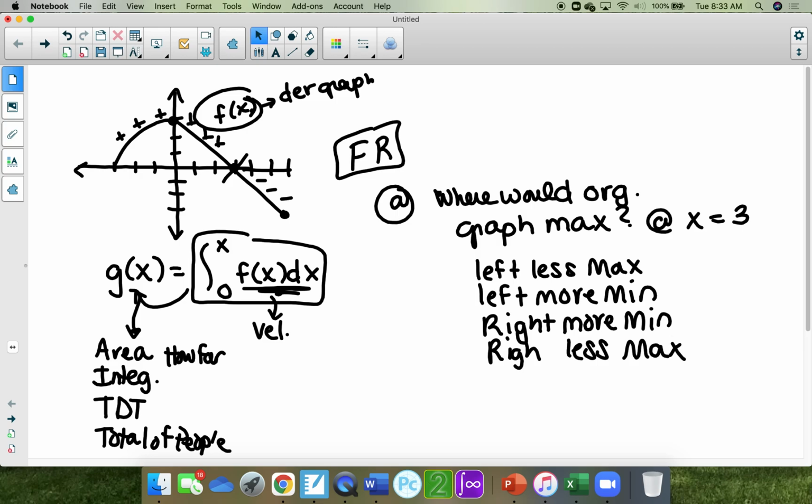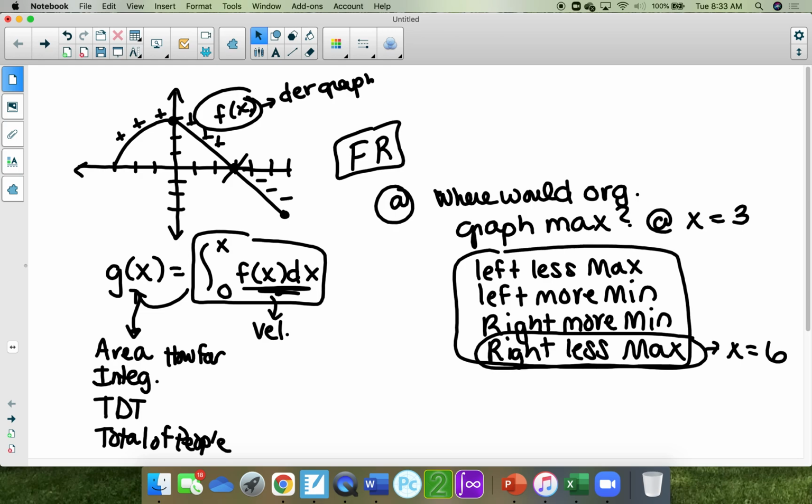So we also have a max at 6. Because the right is less, you would have a max also at x equals 6. You have to check the interior points and the end points of a derivative graph. And this was taught. You have a chart that says this somewhere in your notes, in your 3-ring binder. I think it's under chapter 6 is where we learn that.